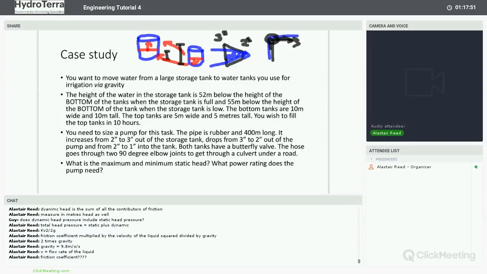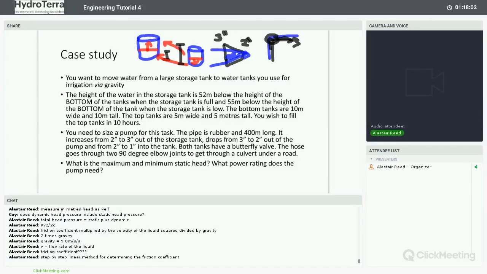Fortunately, there is a very, let me say, step-by-step linear method for determining the friction coefficient. And remember, if you have read topic 1 notes, we talk about the friction coefficient. If you have to push a box along a concrete floor, that requires a lot more force than pushing a box along a conveyor belt with nice greased up rollers on it.